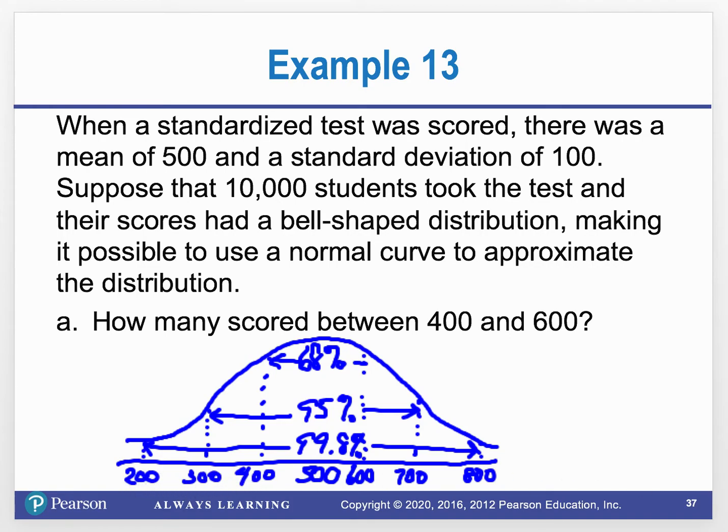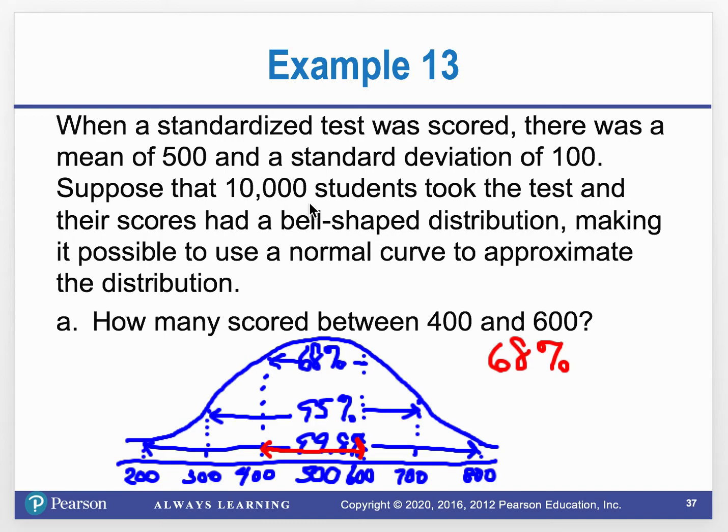Now I can answer all kinds of questions about it. This first one says how many scored between 400 and 600. Notice that between 400 and 600 coincides with this number right here: 68% of the people scored between 400 and 600.